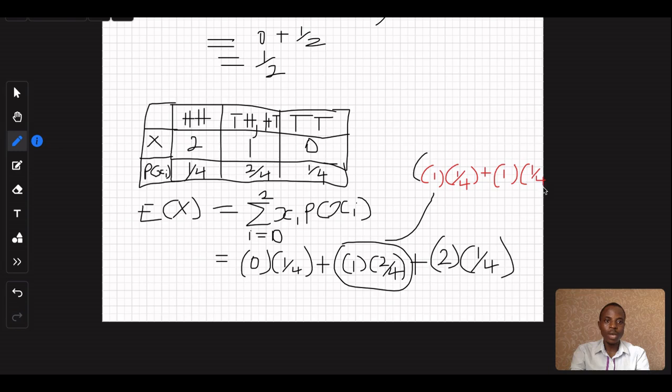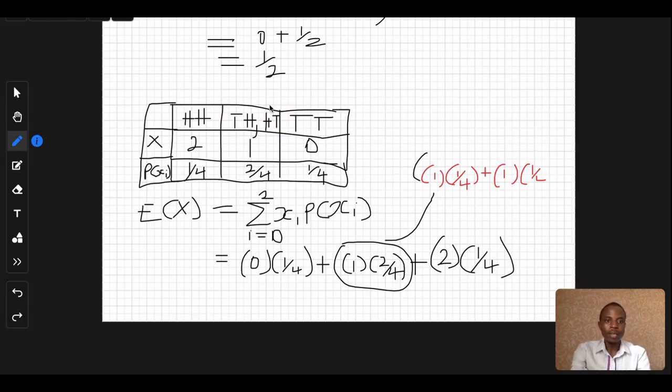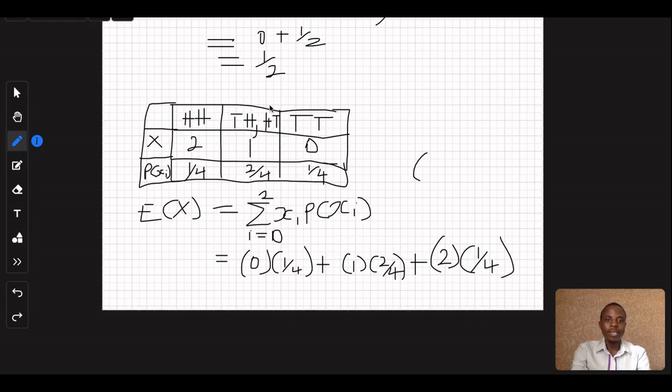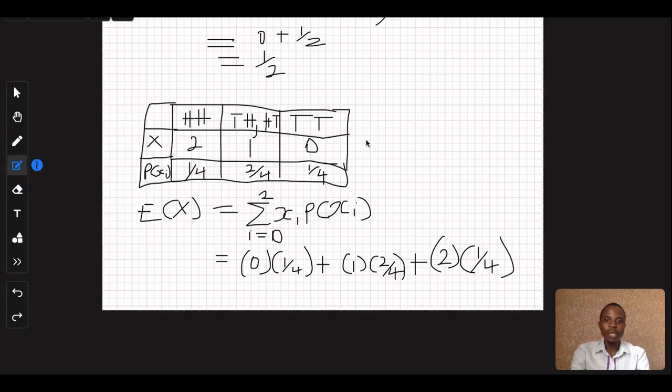So the first one here will be coming from TH. The second one, this one will be coming from HT. But for the sake of space and ease of calculation, I don't think that's necessary, so you can put them together. But if we had it separated, then what we said before will be holding.